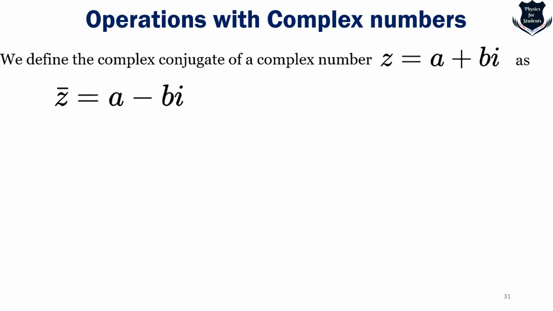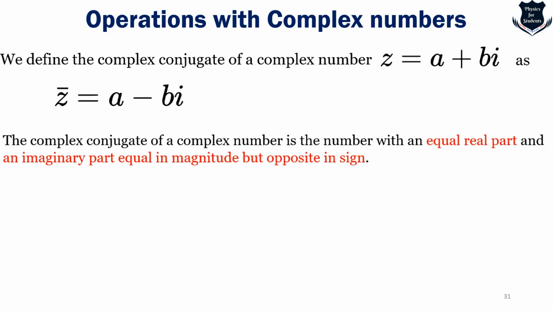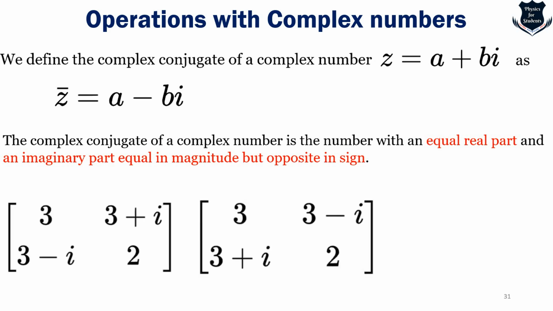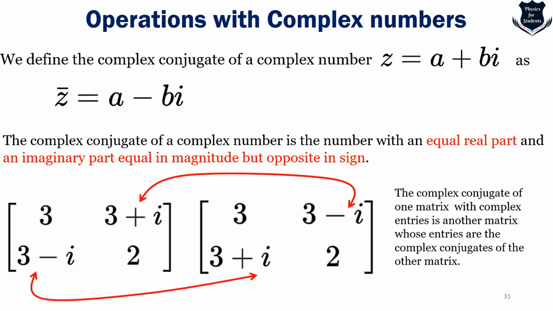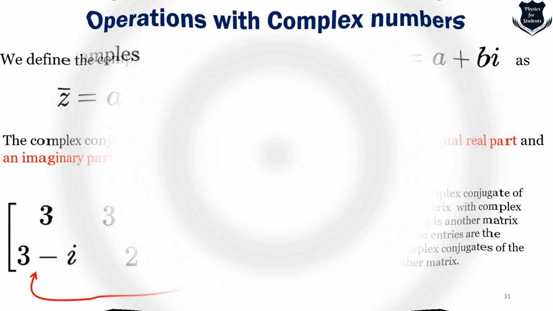We define the complex conjugate of z equals a plus bi as a minus bi. So the complex conjugate of a complex number is the number with equal real and imaginary parts, but the sign of the imaginary part is opposite. Here are two matrices: you see 3 plus i, and the sign changes from plus to minus. So the complex conjugate of a matrix with complex entries is another matrix whose entries are the complex conjugates of the original matrix.